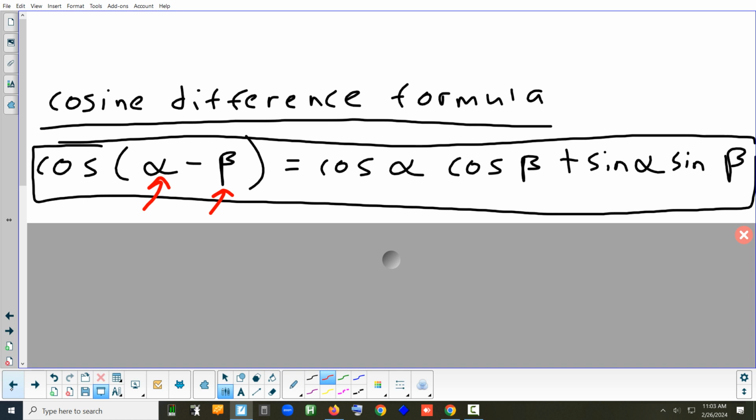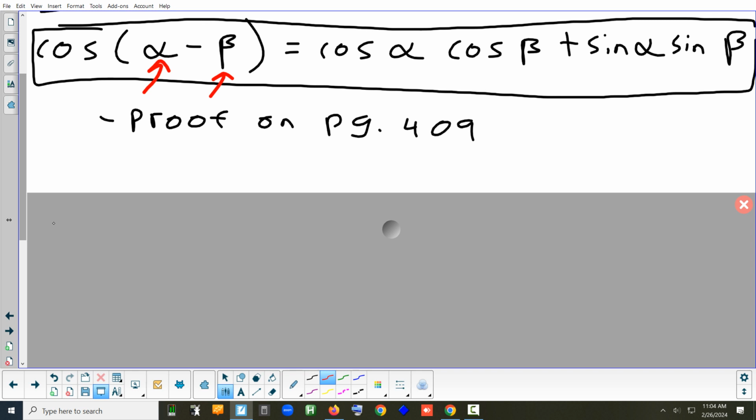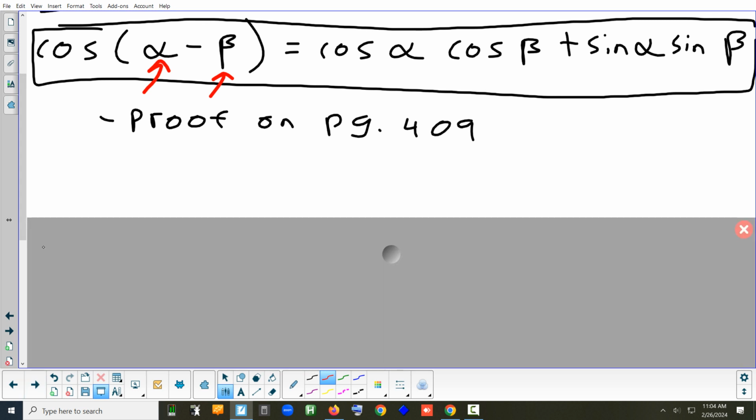So sometimes the cosines are together and the sines are together. Sometimes they're mixed. That can be the hard part, just trying to remember which one is which. Again, the proof of that is on page 409, but definitely not something I want to go through.